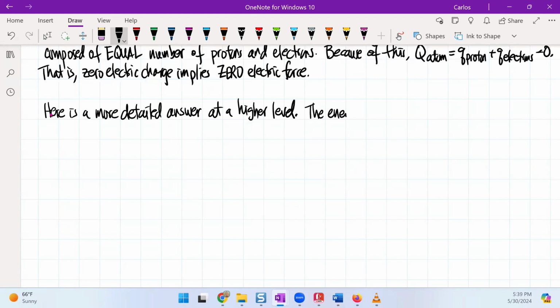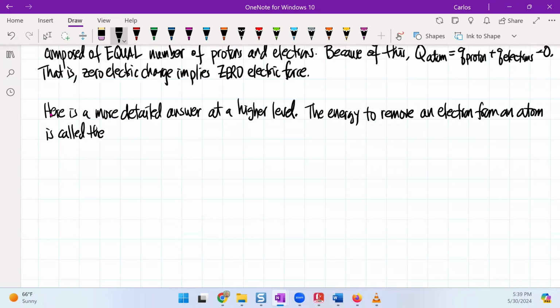The energy to remove an electron from an atom is called the ionization energy.